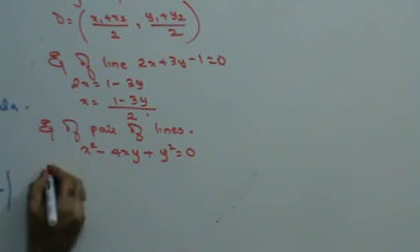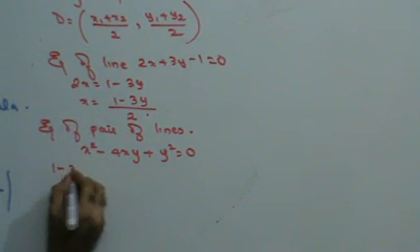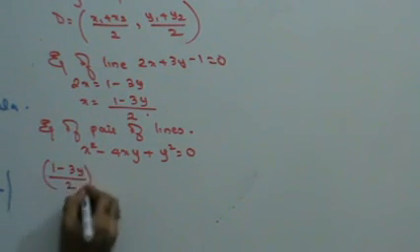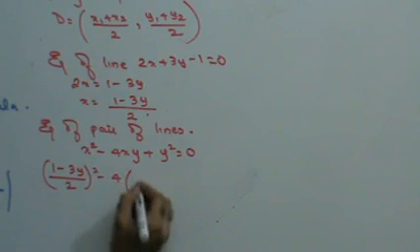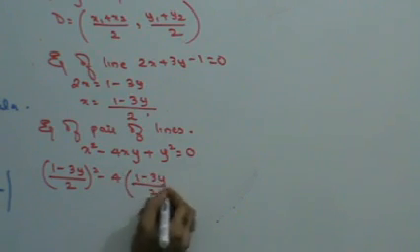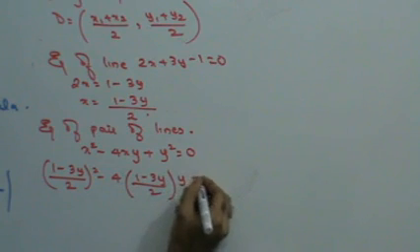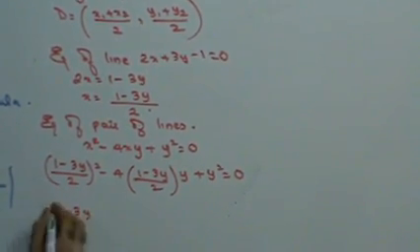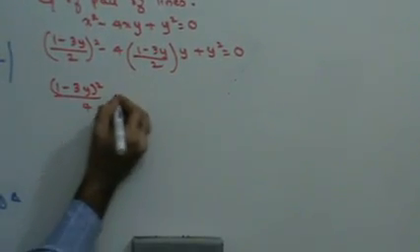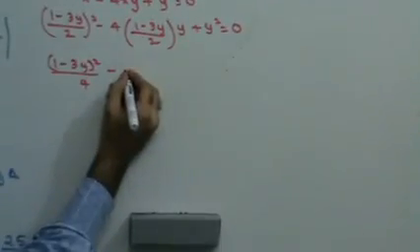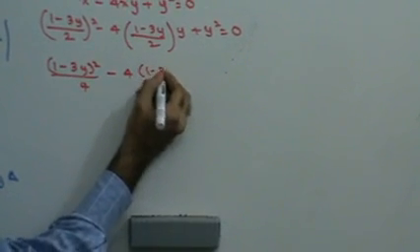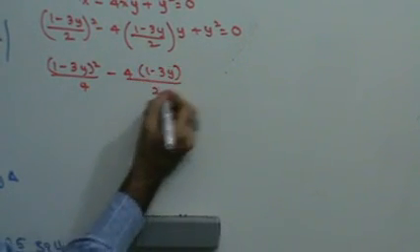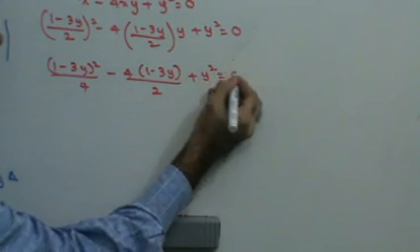If I substitute x here, I will get (1 minus 3y upon 2) the whole square minus 4 (1 minus 3y upon 2) into y plus y square, which should give you 0. So I can say that (1 minus 3y) the whole square upon 4 minus 4 (1 minus 3y) upon 2 plus y square is 0.